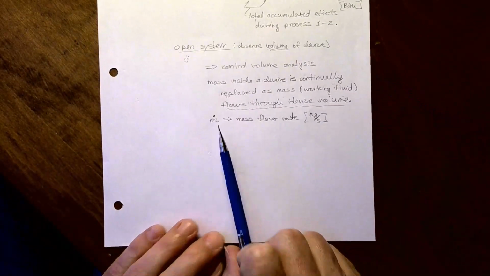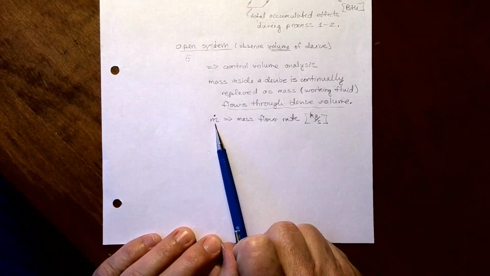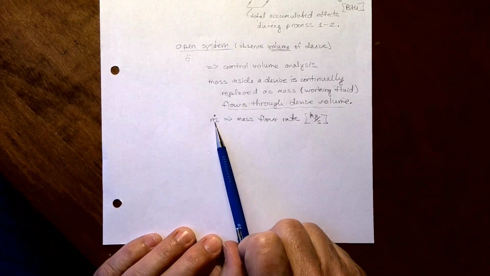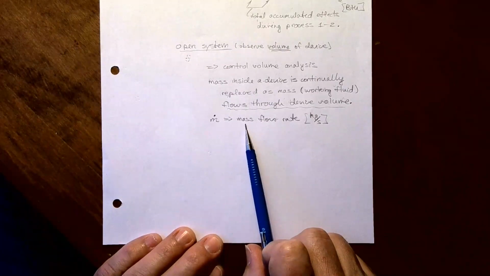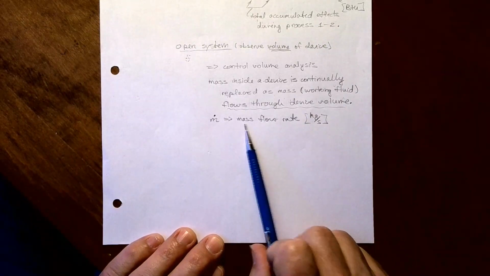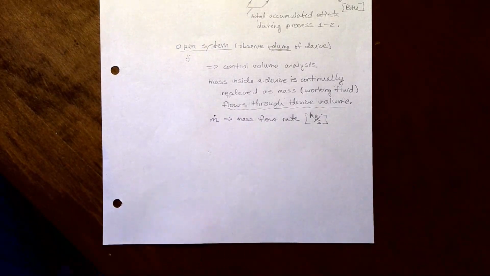For example, for a mass flow rate, we'll put a dot on top of m to indicate a change with time. So m dot is the rate at which mass crosses at an entrance or at an exit of our control volume.